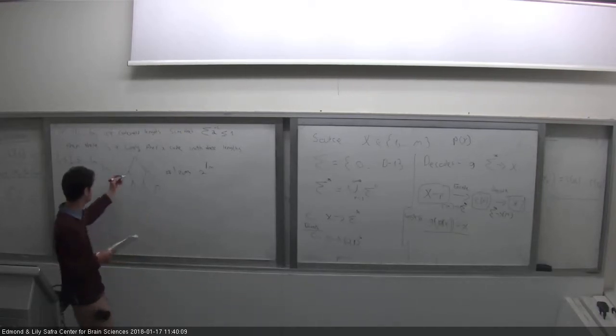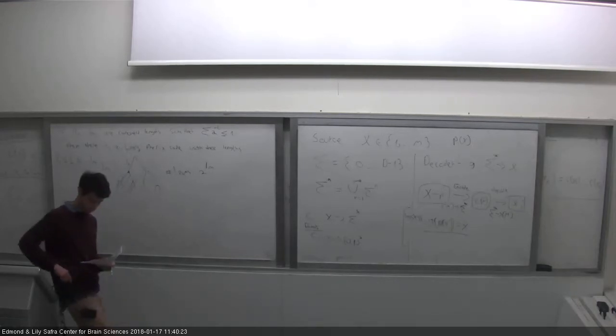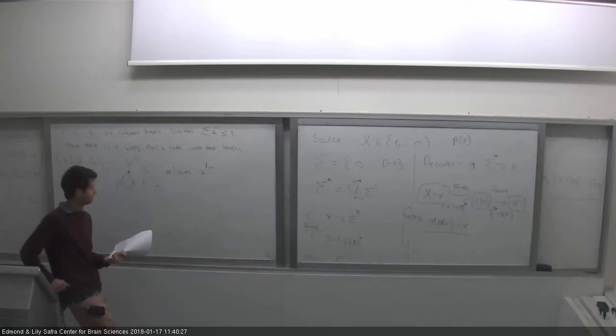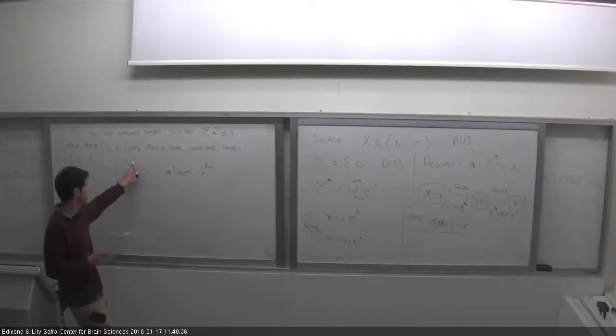For example, if this is the height of L1, I will choose this node and remove all this subtree, and this will give me the code that I want.